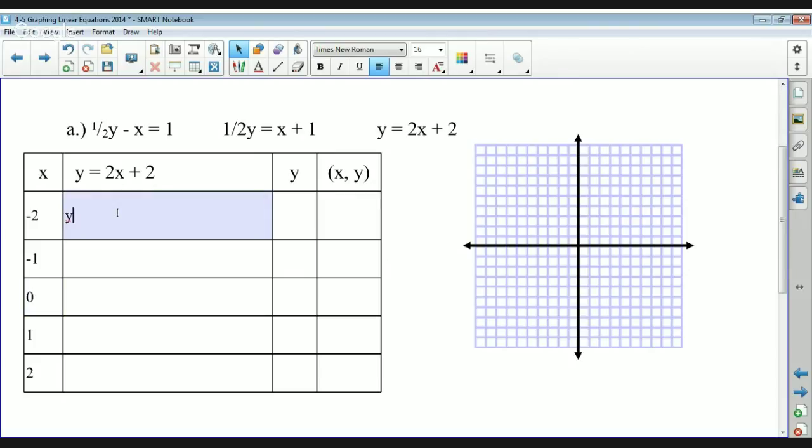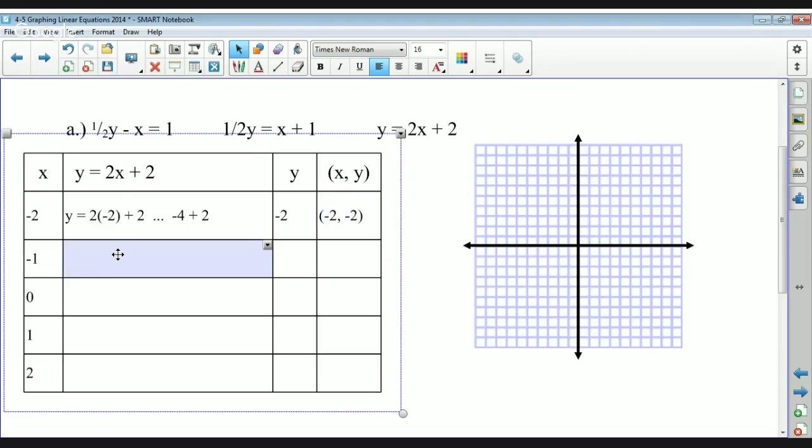So if I go back up to negative 2, y is equal to 2 times negative 2 plus 2. 2 times negative 2 is negative 4 plus 2. Gives me my y answer of negative 2. So my ordered pair would be the negative 2 I started with and my negative 2 that I found as my answer for y.